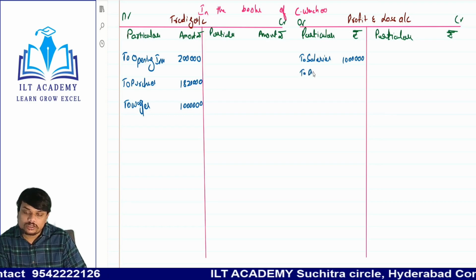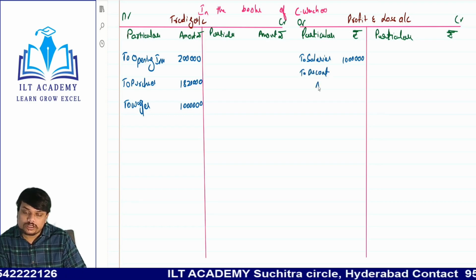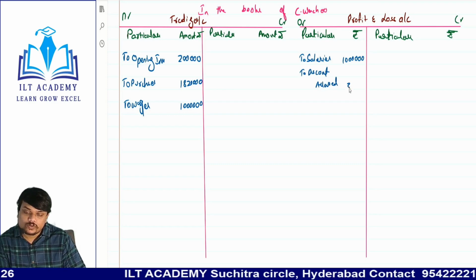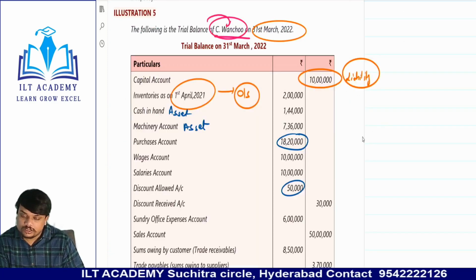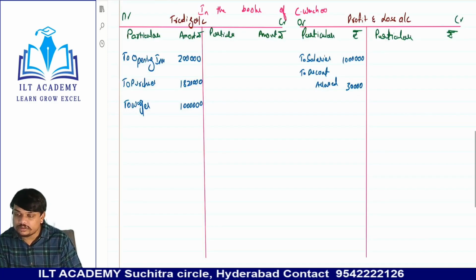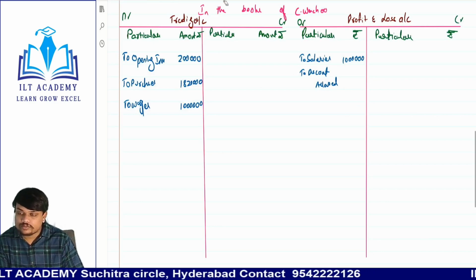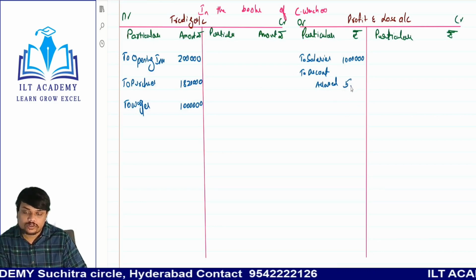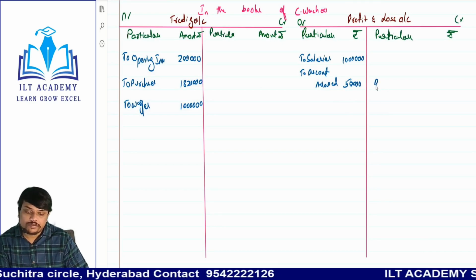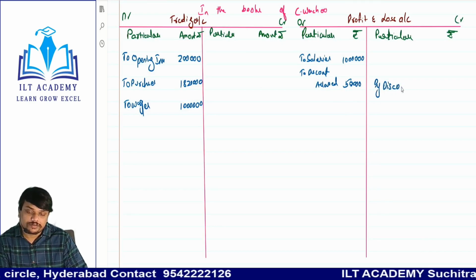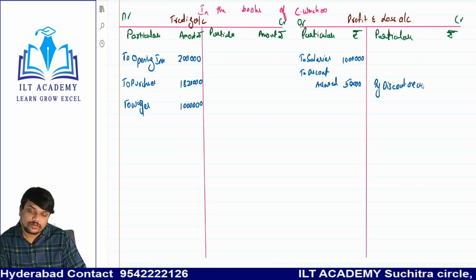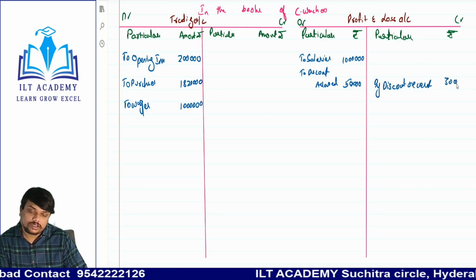So discount allowed is 50,000 and discount received 30,000.